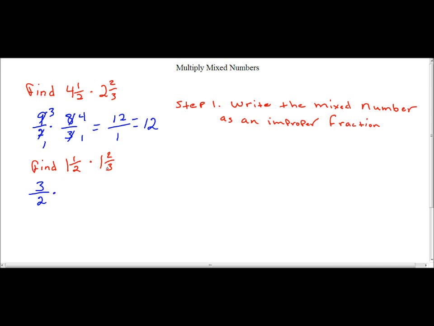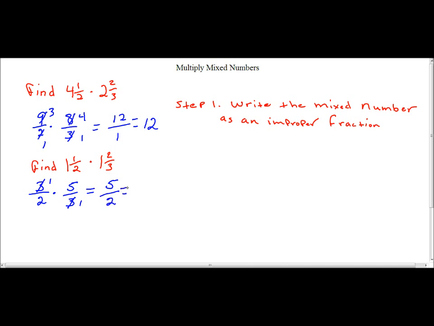And 3 times 1 is 3, plus 2 will give us a numerator of 5 over 3. Again, we go through 3 into 3, 1. So 5 and 2 are not factors because they're both prime. So 1 times 5 is 5, and 2 times 1 is 2.